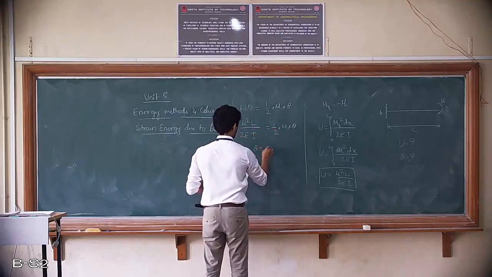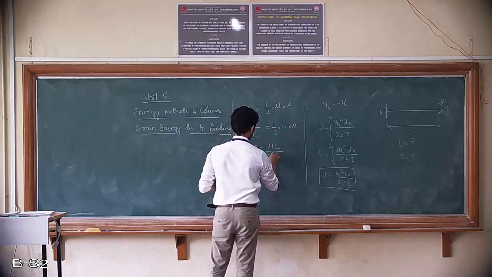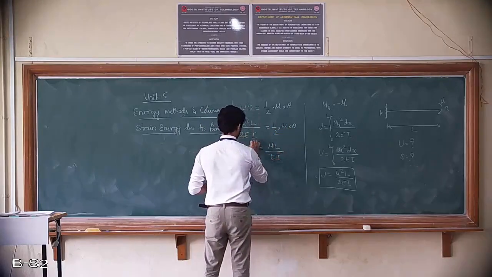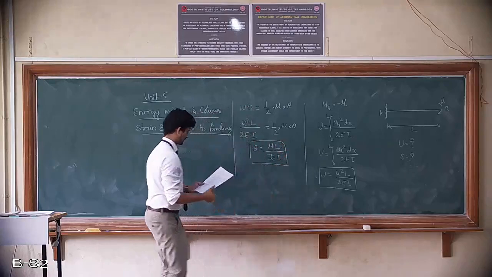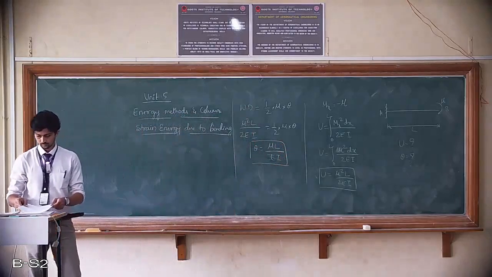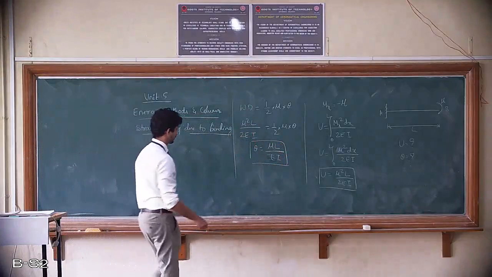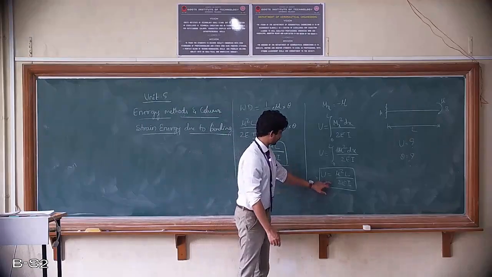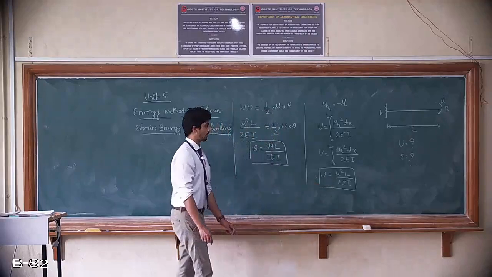So theta is going to be mu L divided by EI, the 2 gets cancelled. So this is an equation for rotation, and this is an equation for strain energy when a couple is considered.